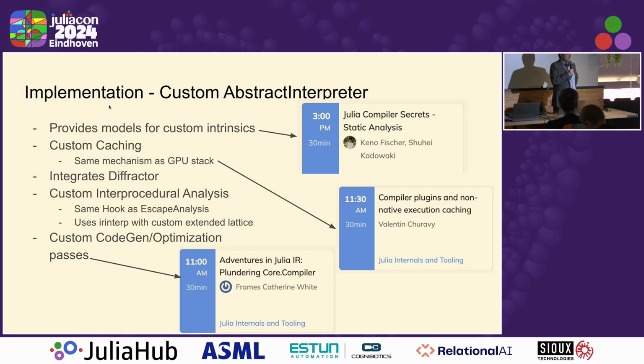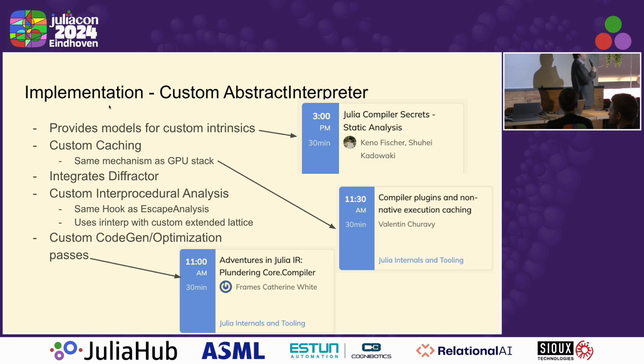But basically, what does the custom abstract interpreter do? It provides models for the custom intrinsics that we talked about, so it explains to the Julia compiler how those work. It sets up the caching. It wraps the abstract interpreter that's in Diffractor to provide AD support. It has a custom interprocedural analysis.